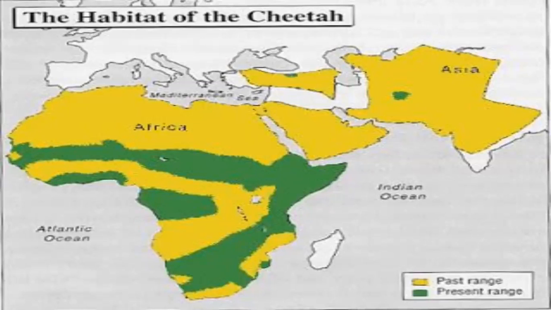If you look at the countries in yellow, those were the countries that used to have cheetahs, but now they are extinct there and cheetahs cannot be found in those areas. Once again, the areas in green are the countries that have cheetahs in the present, the present range, and the area in yellow is the past range.